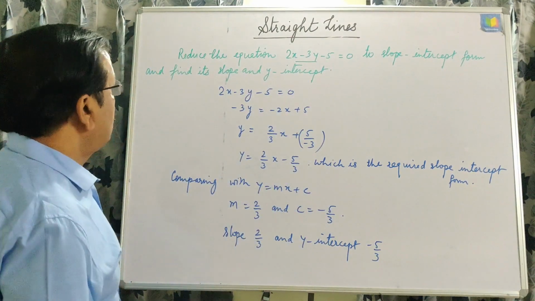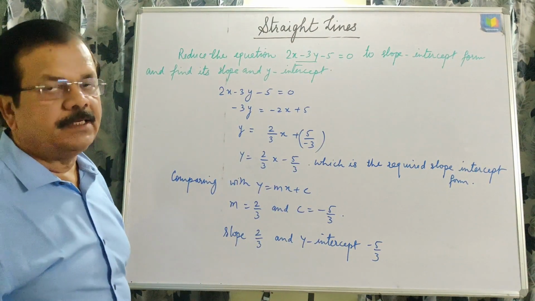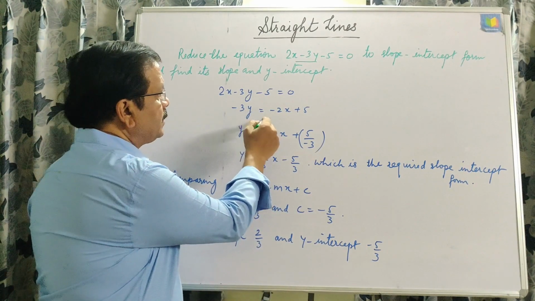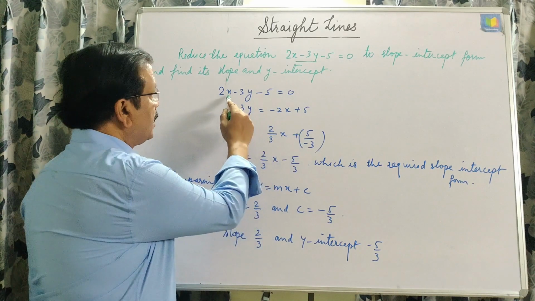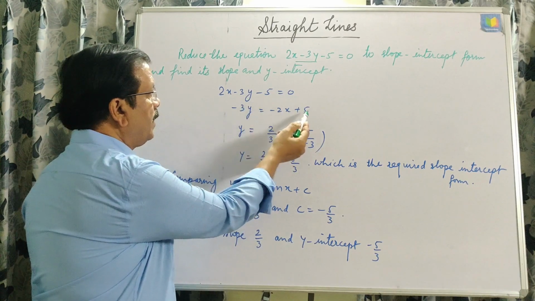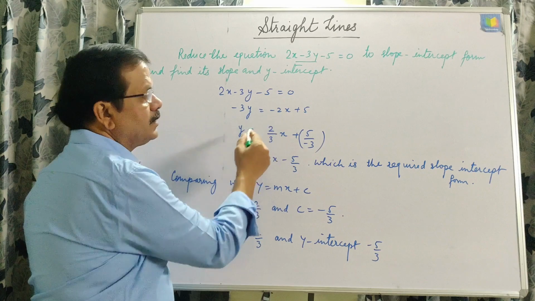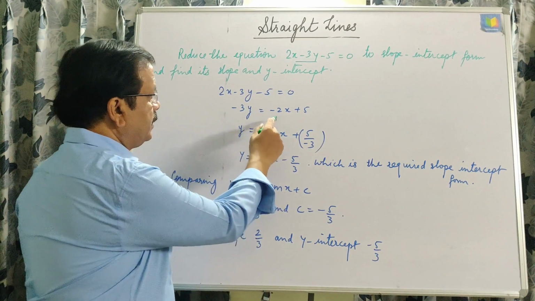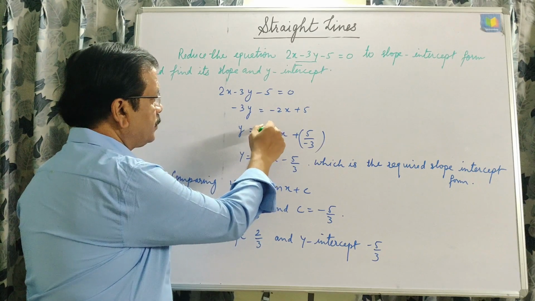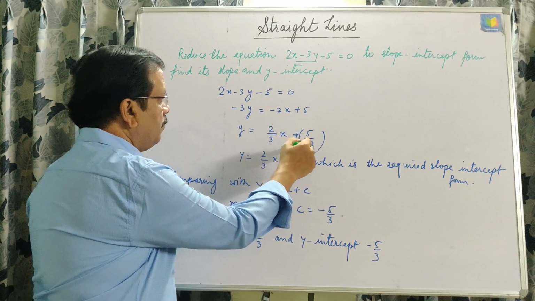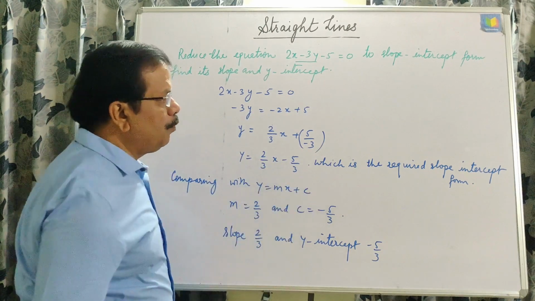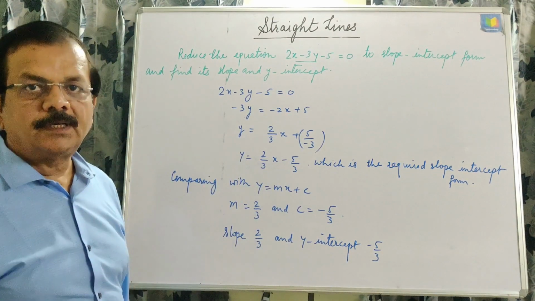And now next question: reduce the equation 2x minus 3y minus 5 is equal to 0 to slope intercept form and find its slope and y intercept. Writing in terms of y is equal to mx plus c, transpose 2x to this side and 5 to this side: minus 3y is equal to minus 2x plus 5, dividing by minus 3. This will be positive, that is 2 by 3 x plus minus 5 by 3, and this is the slope intercept form of the equation.